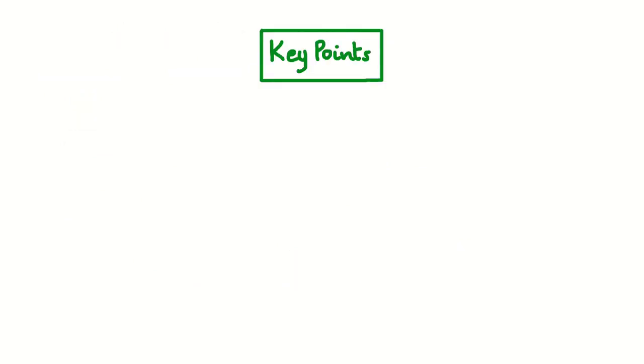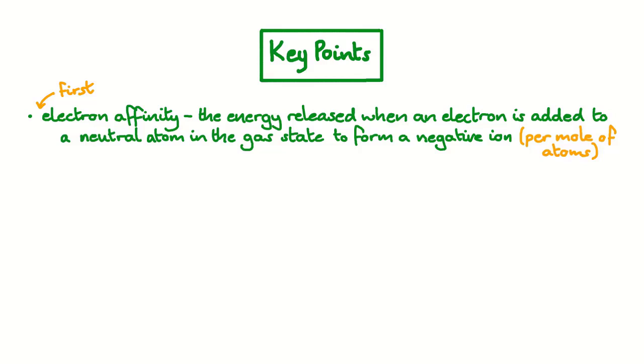Let's finish up with the key points. Electron affinity of an element is the energy released when an electron is added to a neutral atom of that element in the gas state to form a negative ion. Electron affinities are normally expressed in kilojoules per mole. Electron affinity is often used to refer to the process itself, adding an electron to a gaseous atom.